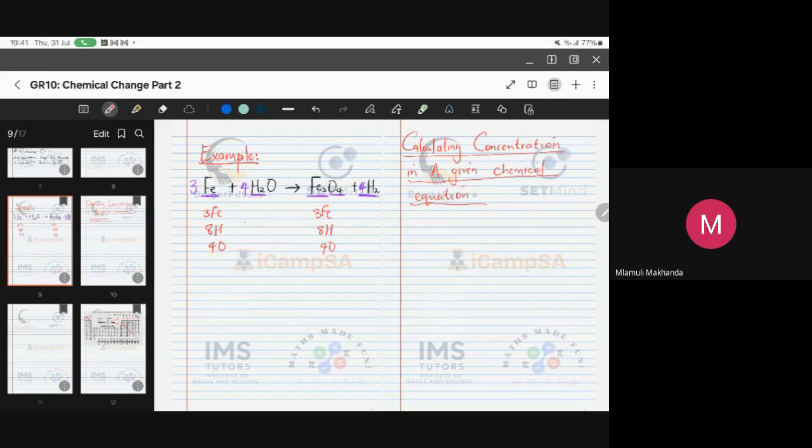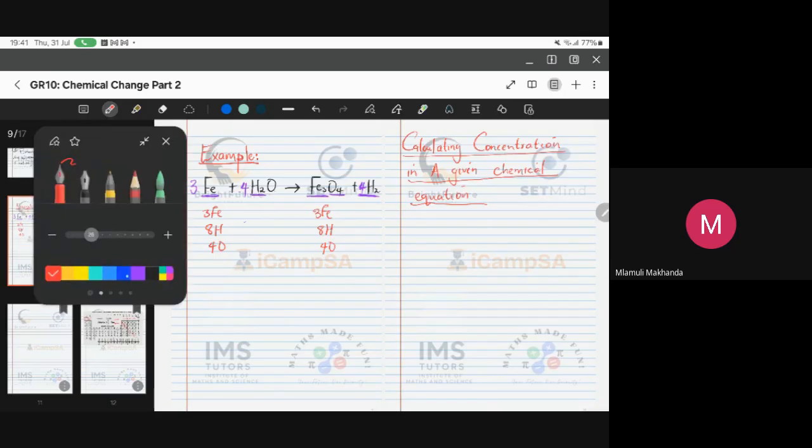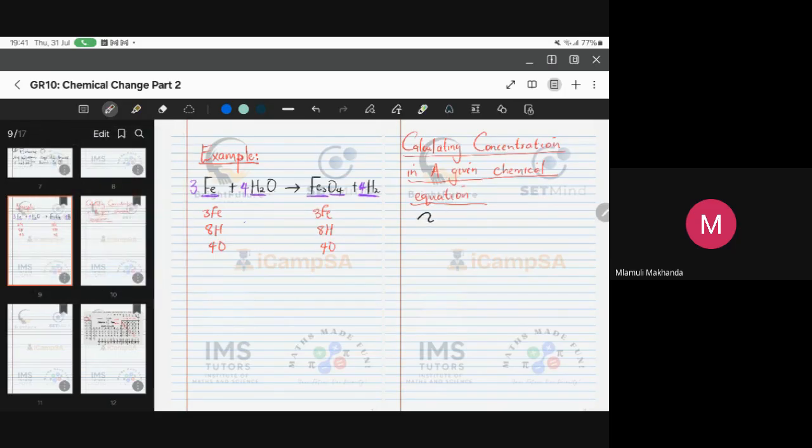Okay, finding concentration. So let's do this one. Let's say you are given the equation Fe. Let's use the very same equation. Plus H2O will give you Fe3O4 plus H2.